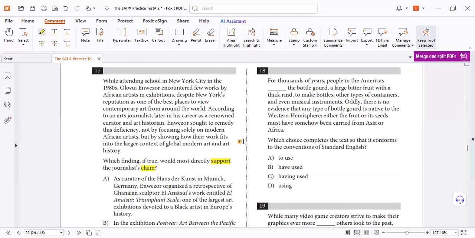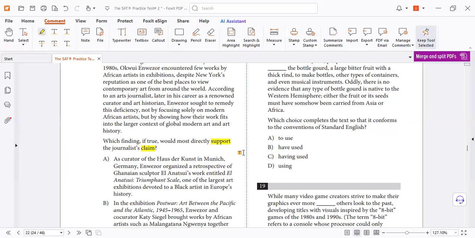Now let's go to the fourth one. Mister, could you scroll down?